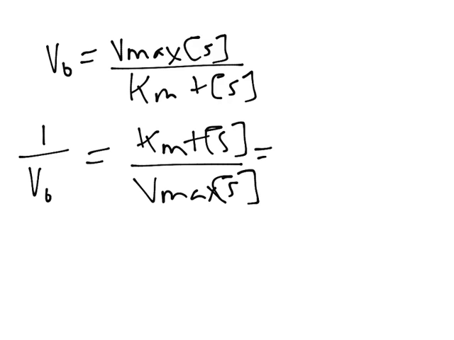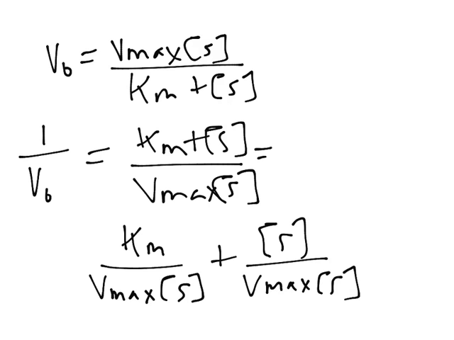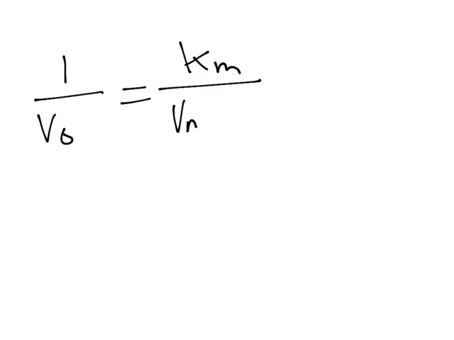So this is equal to Km over Vmax times the concentration of substrate plus the concentration of substrate over Vmax times the concentration of substrate. So we can do a little cancellation here.